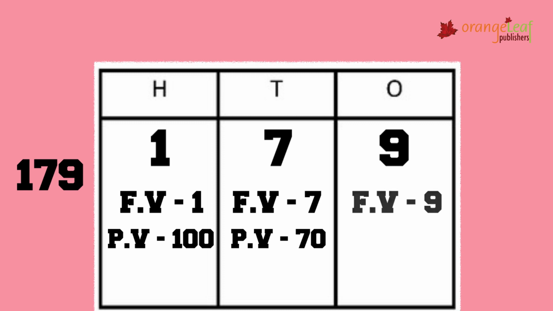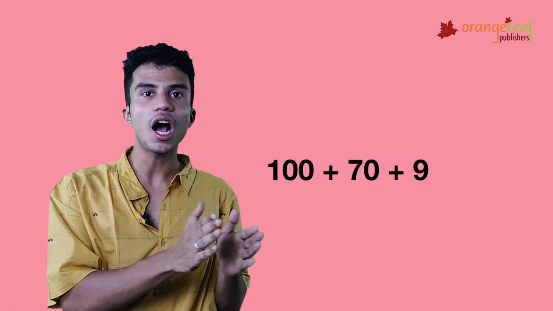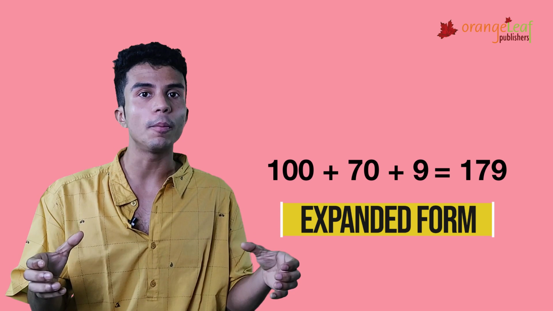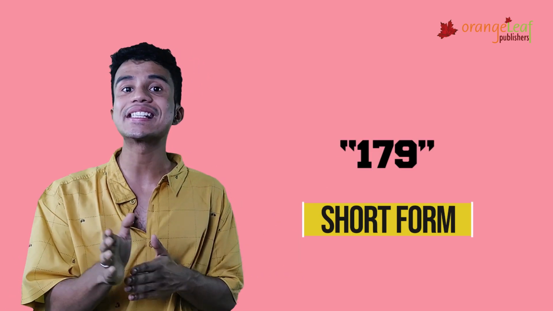And the face value of 9 is 9, whereas the place value is 9. So now in 179, when you add them together, which is 100, 70 and 9, you get 179, which is the expanded form of the number. The short form of the number is 179.